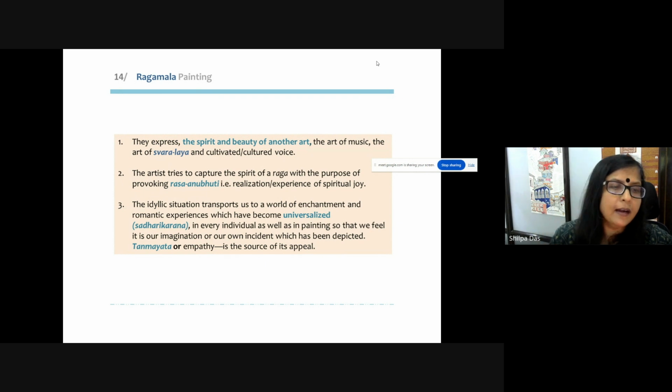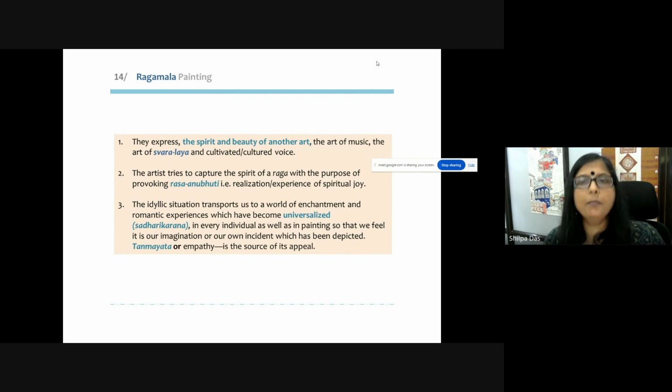And this is a very idyllic kind of situation, a very ideal sort of scenario, which transports us as if to a world of romantic, enchanting experiences, which as a viewer we can identify with.